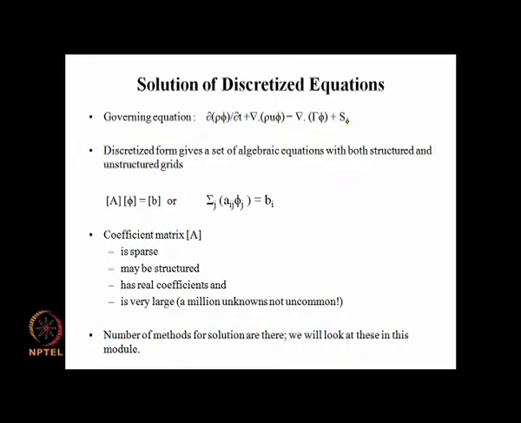In an unstructured grid, you do not have this diagonal structure, but still the coefficient matrix has certain common features with the structured grid kind of thing, and these common features are important when we consider the solution. And the most distinct common feature of coefficient matrix A is that it is sparse, in the sense that most of the coefficients, most of the constants that appear in the matrix A are 0.